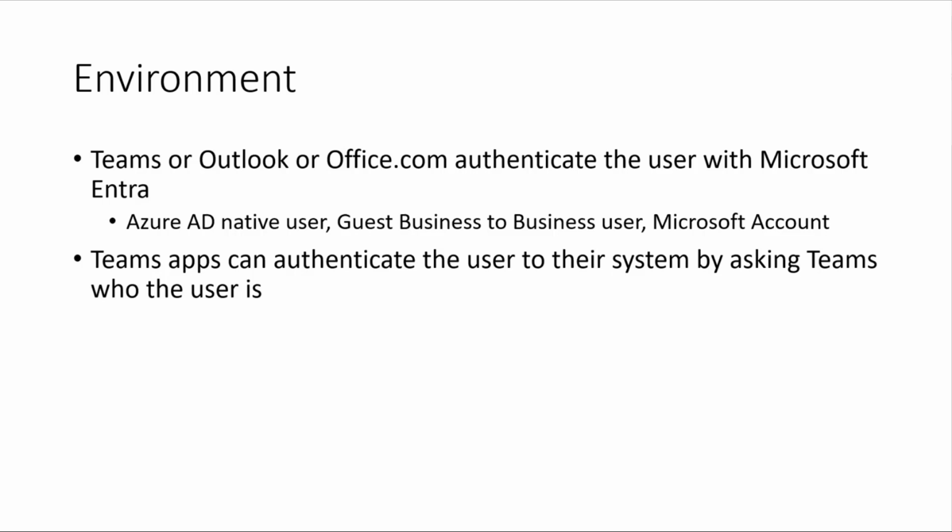Could you get the authentication information for me so that I don't have to have the user go back to the original identity provider and attempt to do an authentication again? So the environment here is these collaborative apps are running inside of an application that already knows who the user is. So let's get that application to help tell us who that user is and not have them go through an additional authentication process.